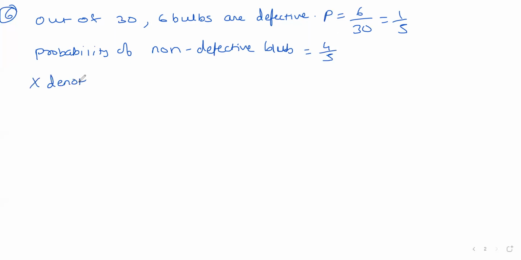X denotes number of defective bulbs. So X is 0, 1, 2, 3, 4.